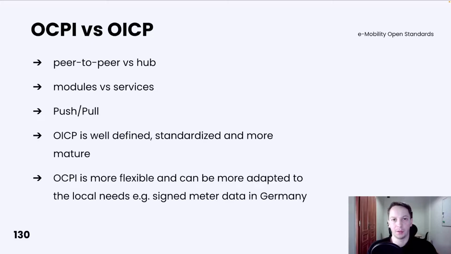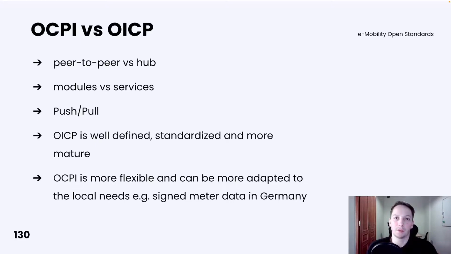The OCPI protocol works mostly in a peer-to-peer communication model, and a hub model is also offered in the latest 2.2 version. OICP, however, works only as a protocol between different partners and the hub. That influences a lot how you implement and integrate with those two protocols.